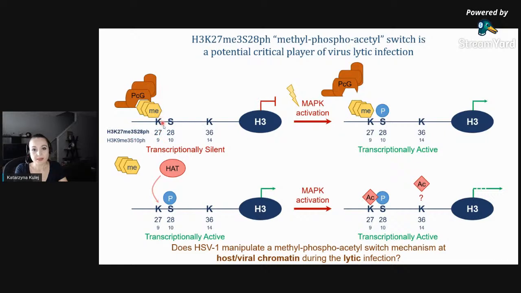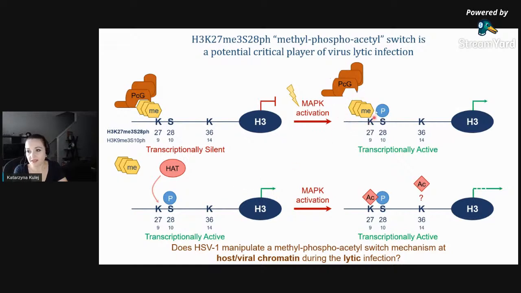Trimethylated K27 is bound by the repressive complex, which keeps chromatin transcriptionally silent, not available for RNA pol 2. Then upon cell stress, MAP kinases can phosphorylate the neighboring site, S28. This phosphorylation leads to the release of the polycomb.